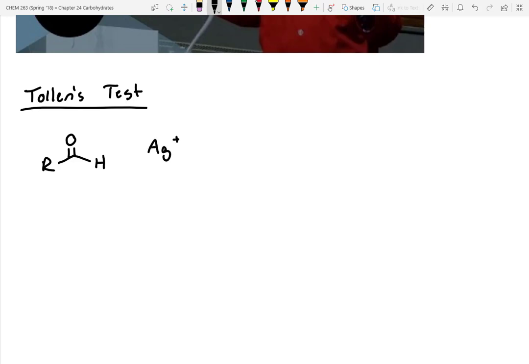And you can react this with silver cations. And in this case, silver wants to steal electrons, right? So silver is going to steal electrons and become silver solid. And during this process, we're going to oxidize the aldehyde to a carboxylic acid.